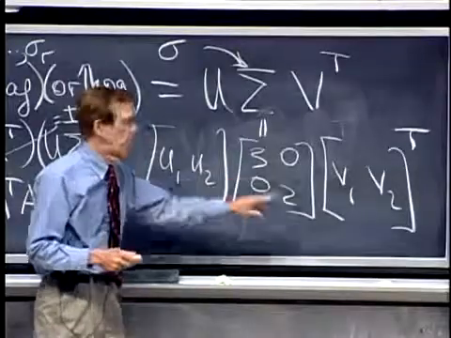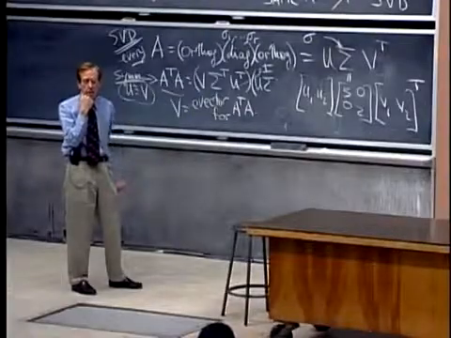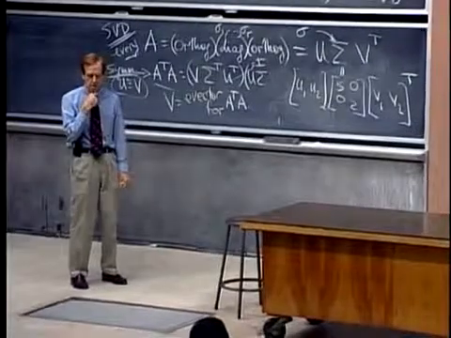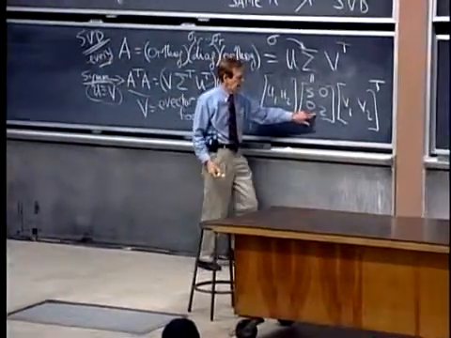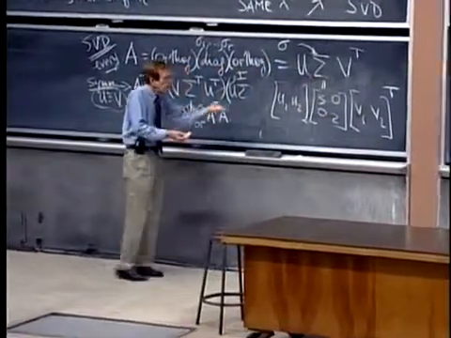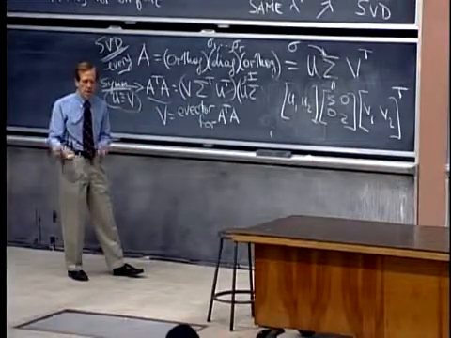Those sigmas are 3 and 2. And the only thing interesting that I can see in that is that they're not 0. I know that this matrix is non-singular, right? That's invertible. I don't have any 0 eigenvalues, any 0 singular values. That's invertible.